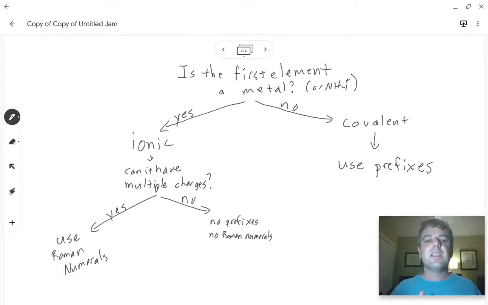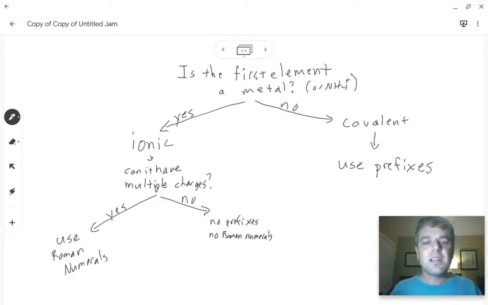In other words, is it one of those transition metals, tin or lead? If so, we need to use Roman numerals in the name of the compound. If not, we don't use prefixes or Roman numerals. So if it can have multiple charges, we use Roman numerals. If it's a covalent compound, we use prefixes.